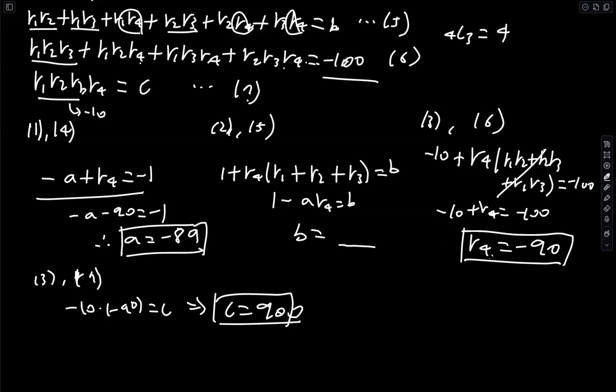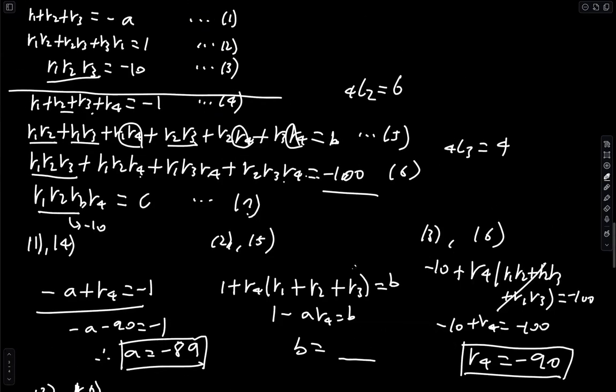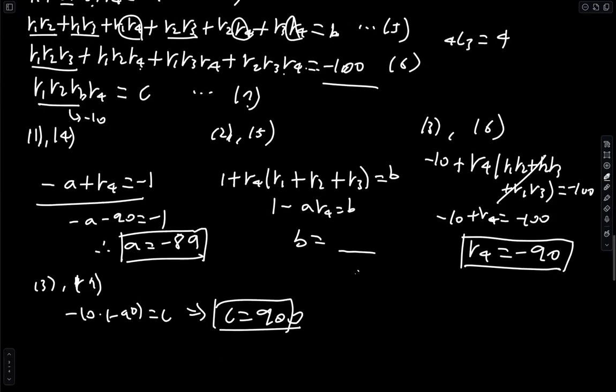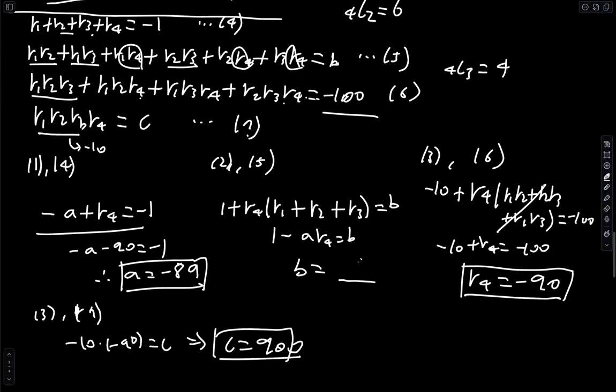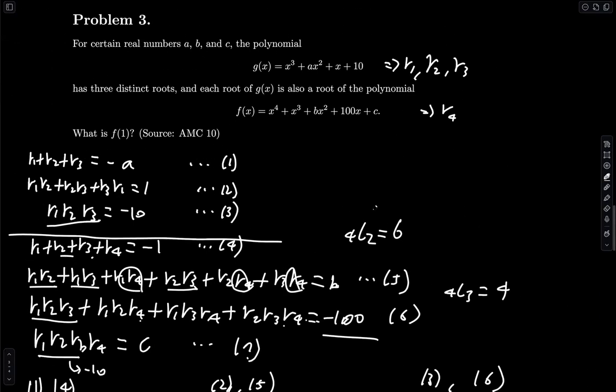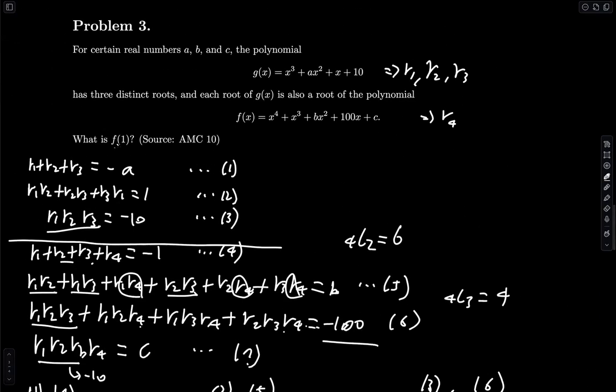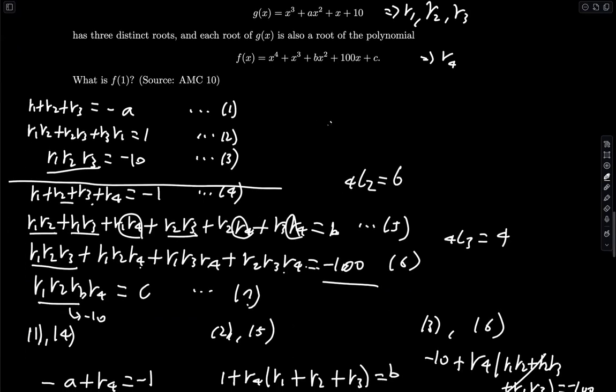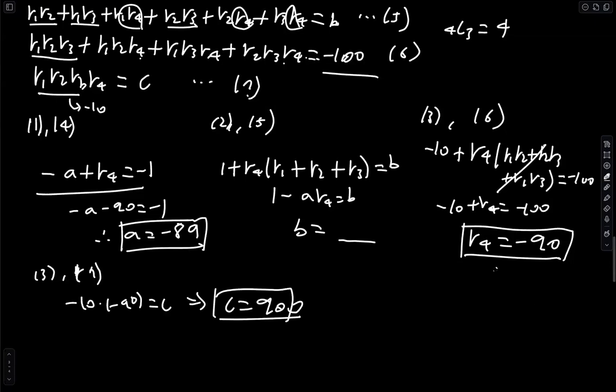b is equal to something if we calculate it. But let's see if we really have to calculate this, because I think it's quite messy, or maybe it might not be. And we need to find the value of f of 1. Yes, we do need to calculate b. So let's quickly do it.